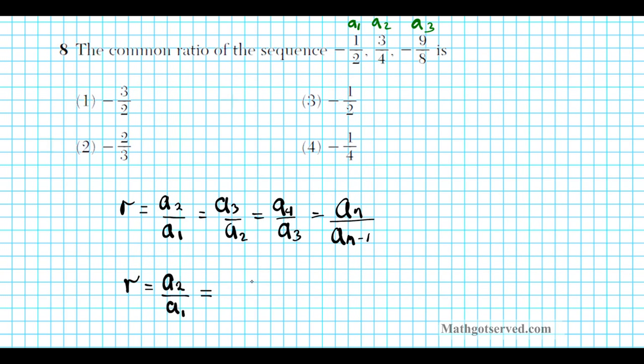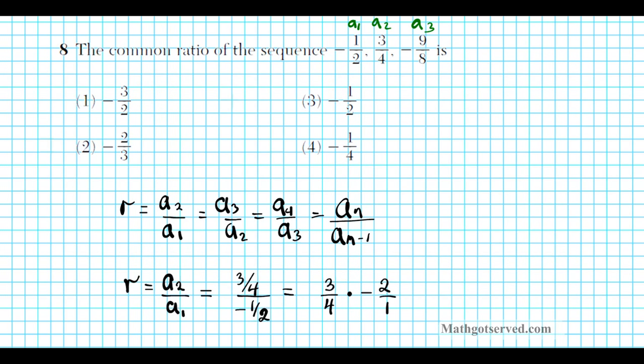So a2 is 3 over 4 divided by a1, which is -1/2. All right, so I'm going to keep change flip, or drop change flip. I'll drop the numerator 3 over 4 and multiply it by the reciprocal of the denominator, negative 2 over 1. Dividing is the same thing as multiplying by the reciprocal.